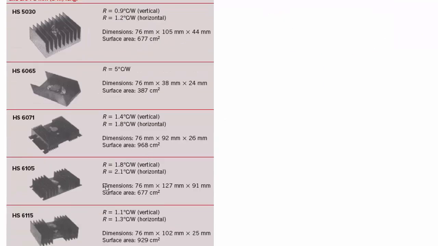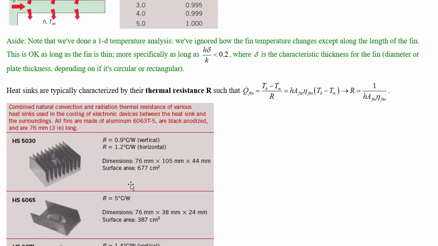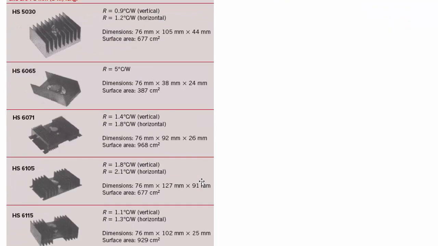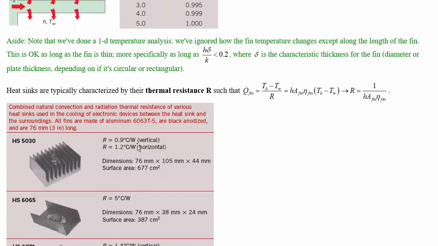Now you'll notice one other thing in this section. They're giving you different dissipation amounts by different resistances, depending on whether these fins are oriented horizontally or vertically for some of the designs. So you'll notice that the vertical orientation leads to less resistance, and that means more heat dissipation than the horizontal one.